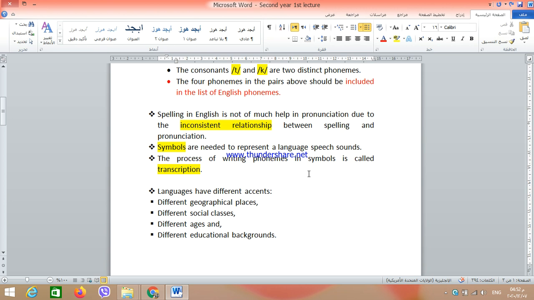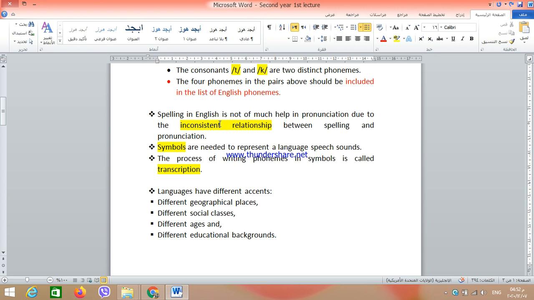So the same letters are pronounced in the same way, and the same letter results in the same sound all of the time. But in English, the situation is different. The relationship between spelling and pronunciation is often described as being inconsistent. That is, there is no consistency between the form of the word and its pronunciation.